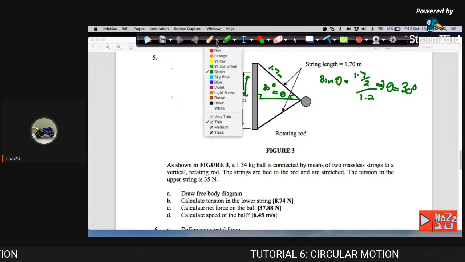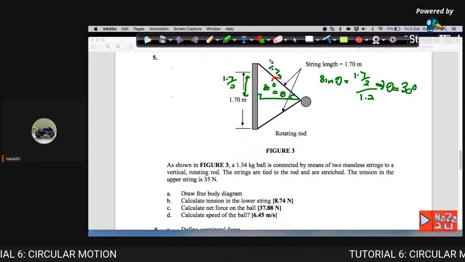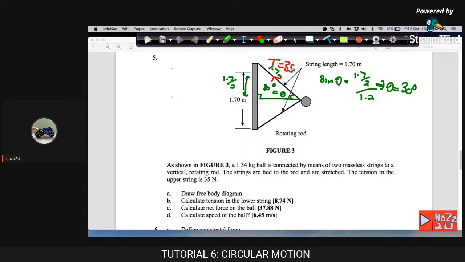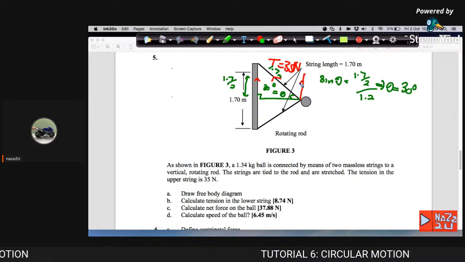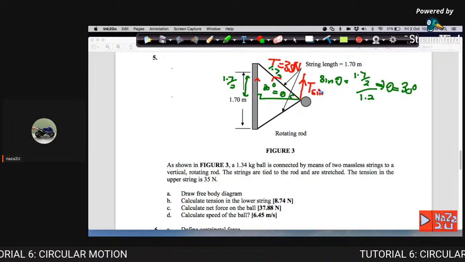Next you consider the tension. T is given by the question as 35 Newton. If you resolve along the y-axis, the upward force is T sin theta.